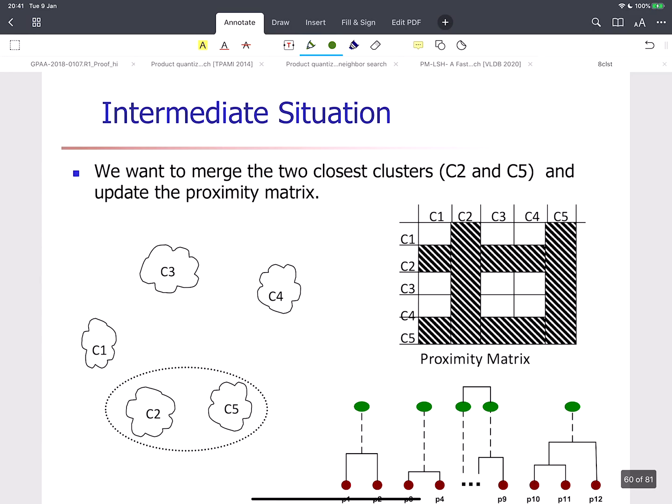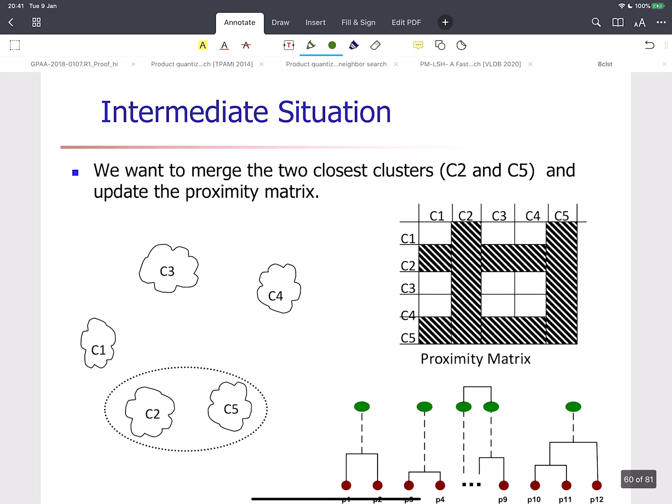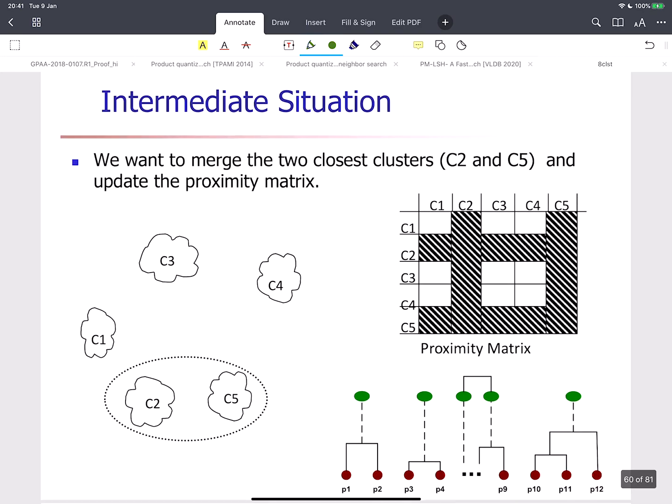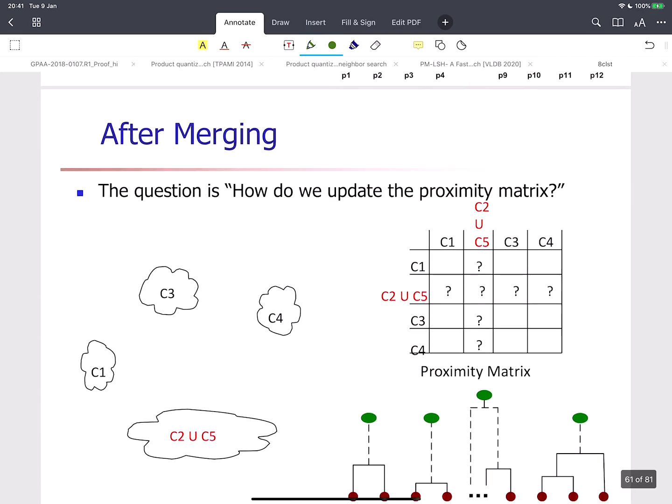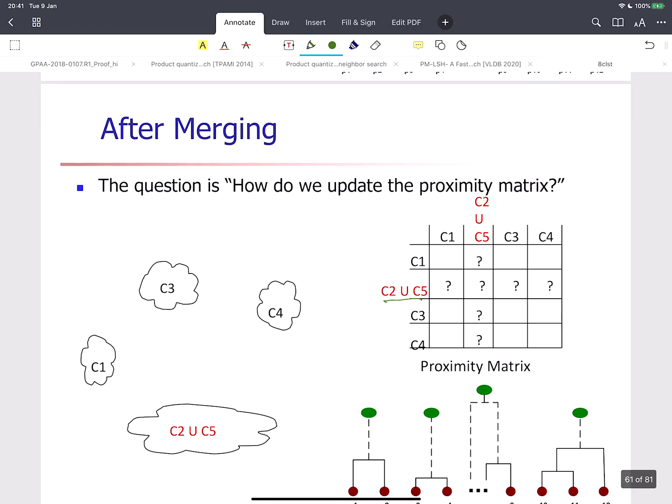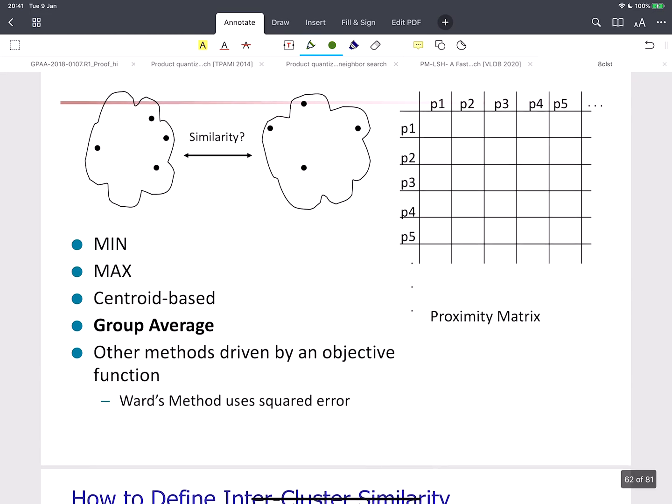You can see that the resulting shaded cells are not going to be useful, but most of the algorithms will derive the new entry value based on these shaded cell values. For example, you need to calculate the similarity or distance between the new cluster formed by C2 union C5 and C1, and you record the value here. Right? So that's your job. There are different ways to do that.